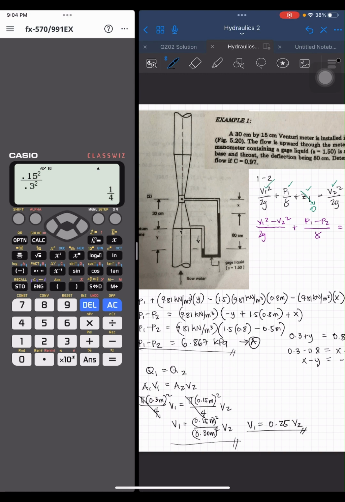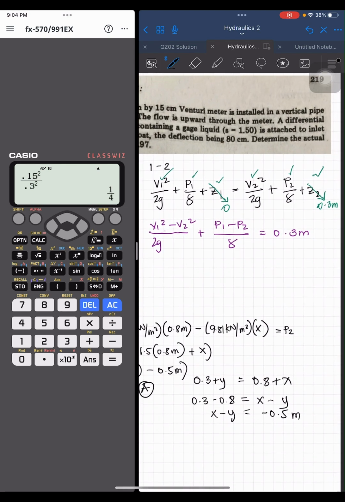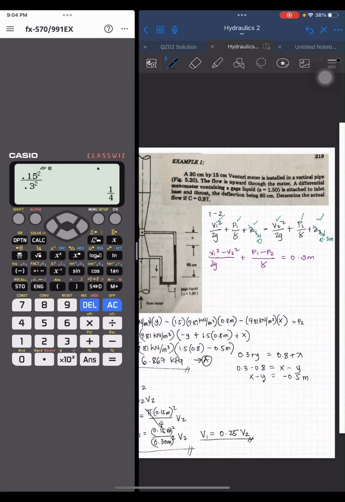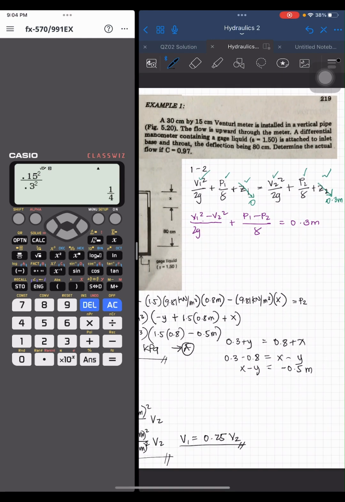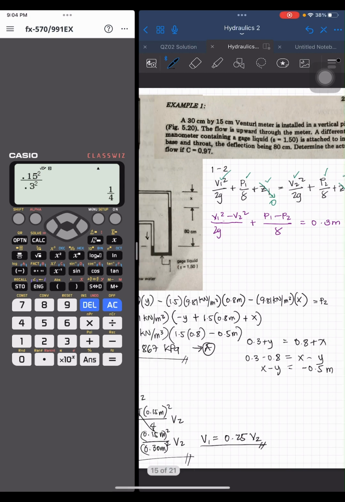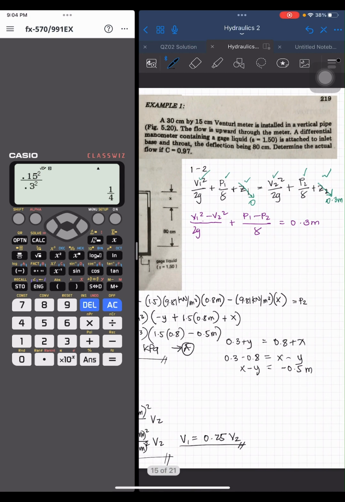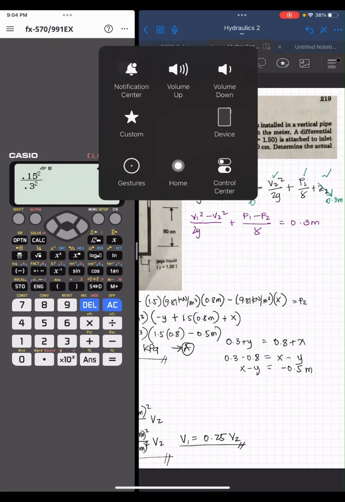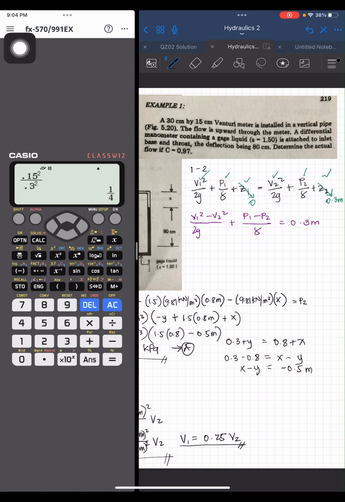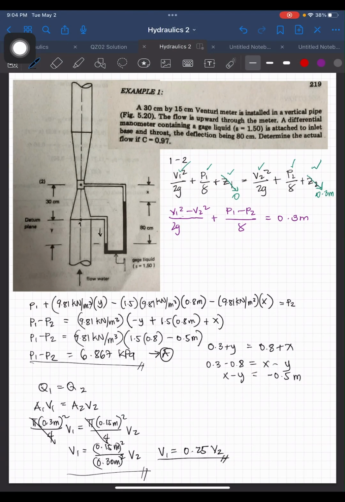So, balik tayo dun sa taas. Since alam na natin ang mga values, V1 is 0.25 V2. So, we will have, substitute natin ngayon yung values.